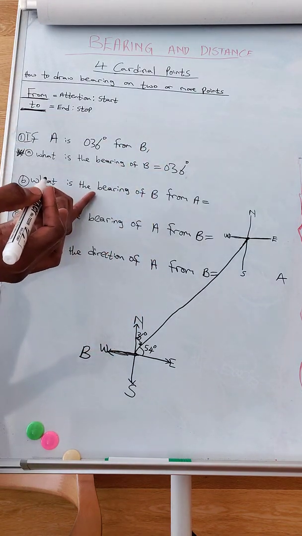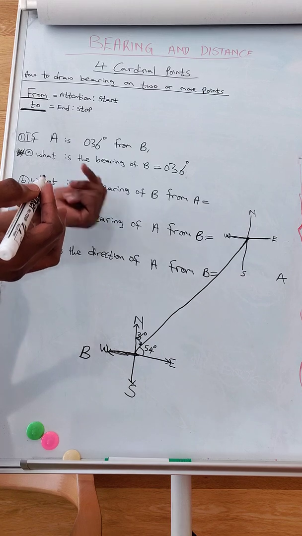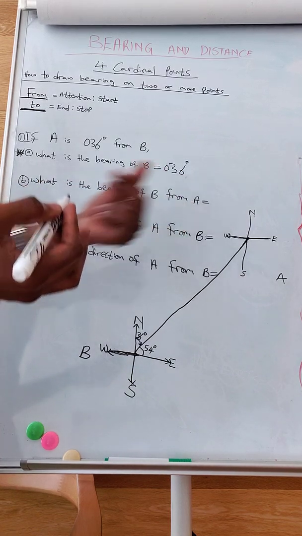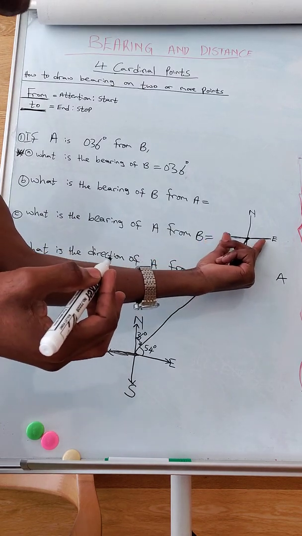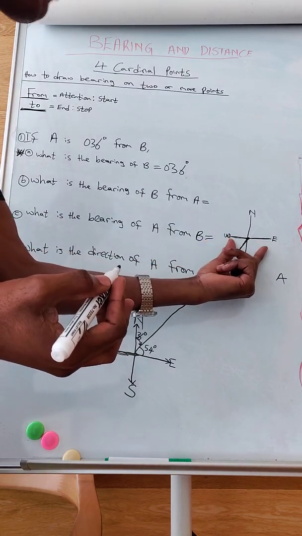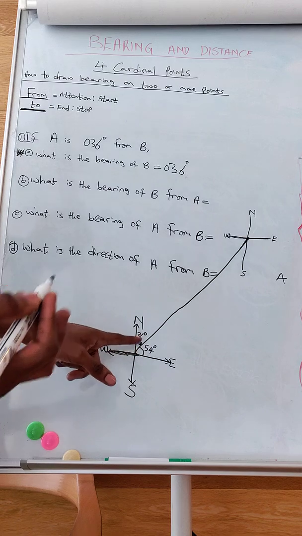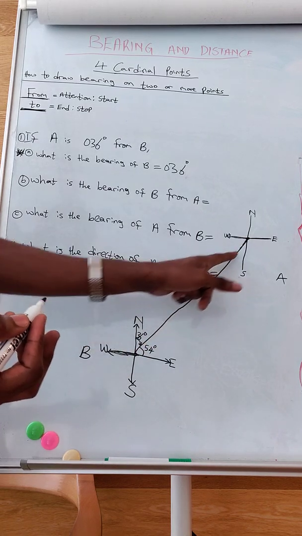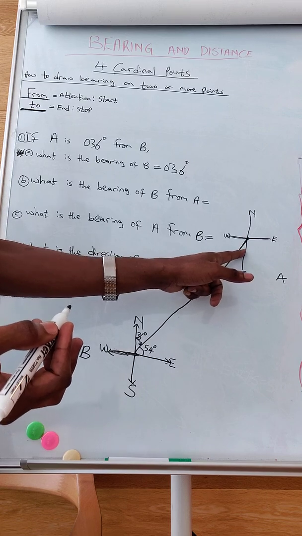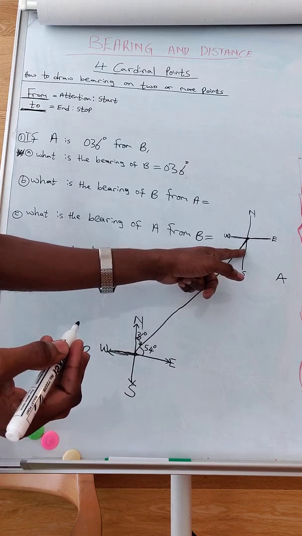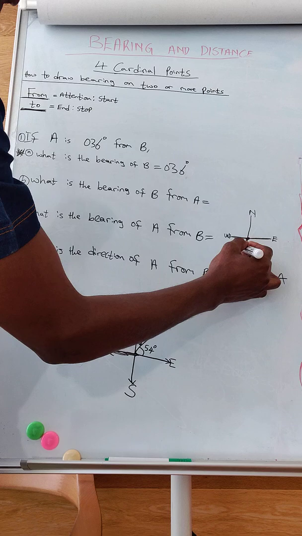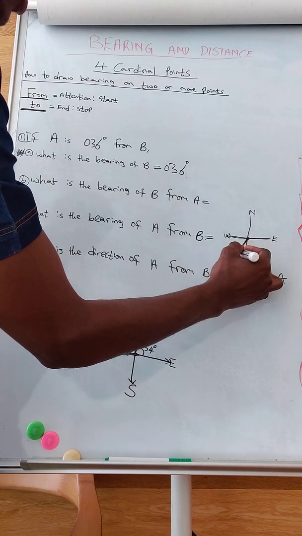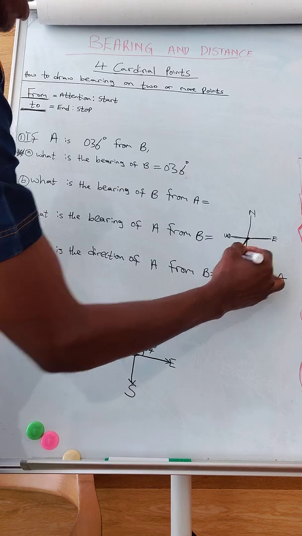Now, look at this question. The second one is, what is the bearing of B from A? If you look at A very well, the diagram on A is not complete because we have 36. If this side is 36, then the corresponding angle here also will be 36.